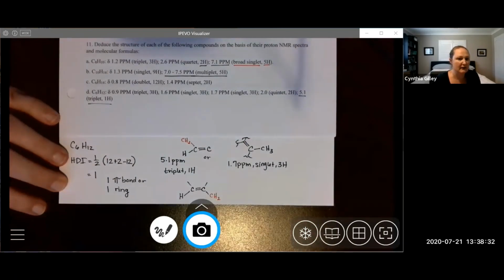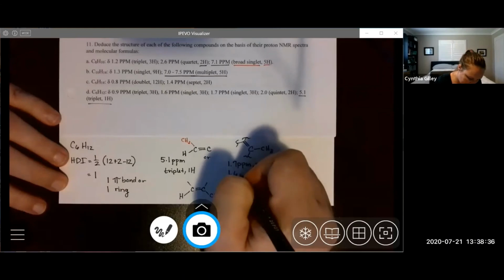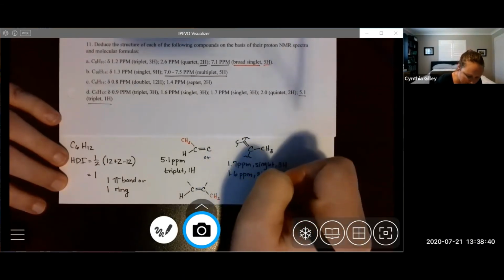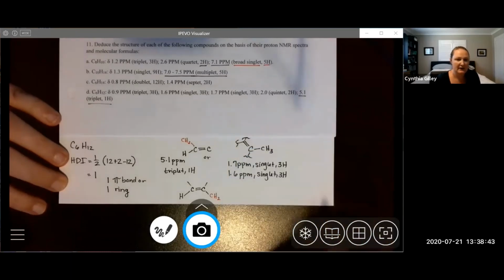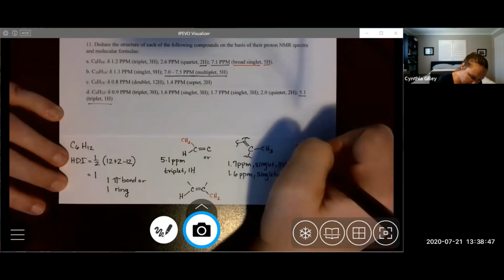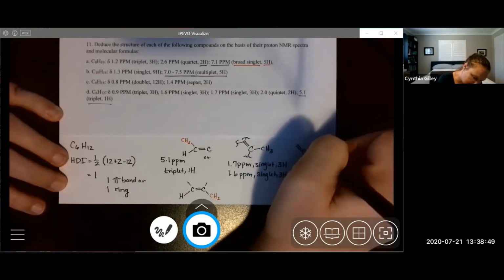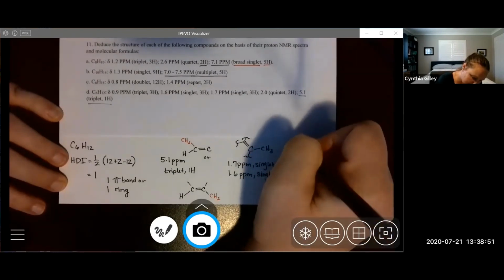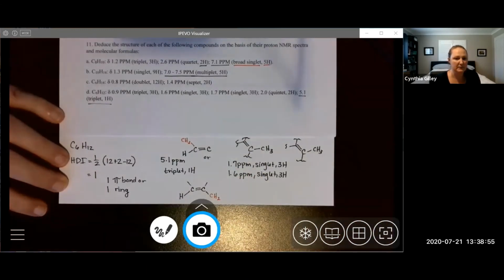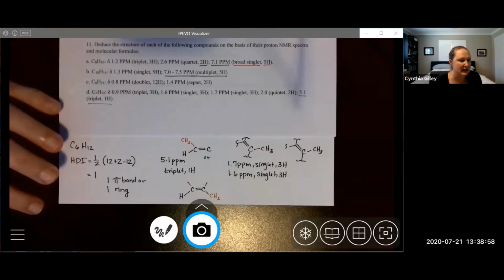We'll consider that. Okay, 1.6 ppm, singlet for 3 hydrogens. So that's another one that's not exactly equivalent, another methyl. So perhaps we have pretty much the exact same signal, but 2 of them. So we'll think about how to put that together.